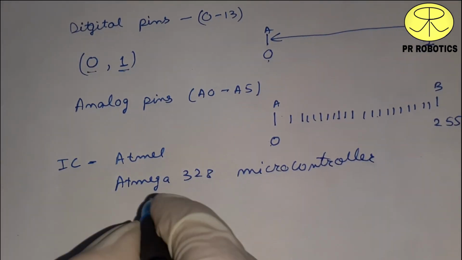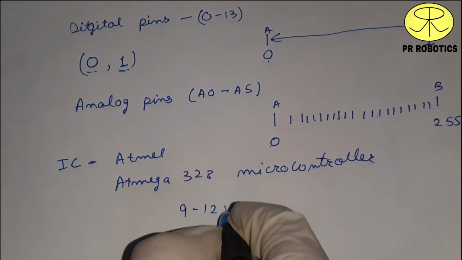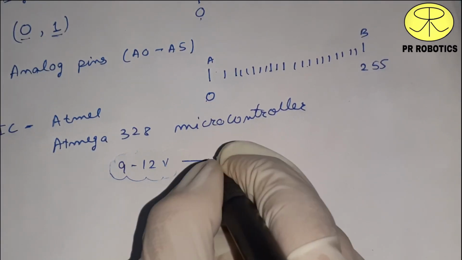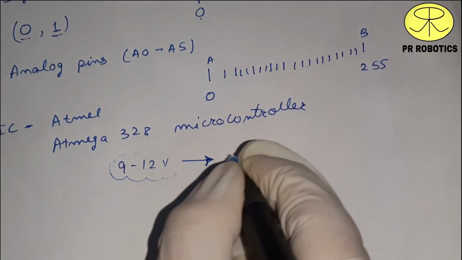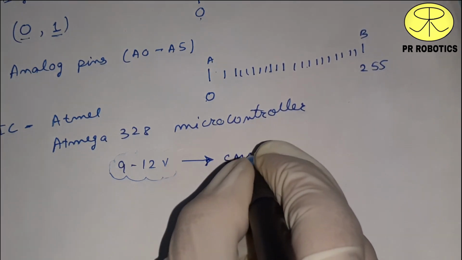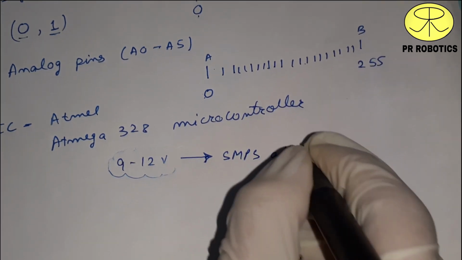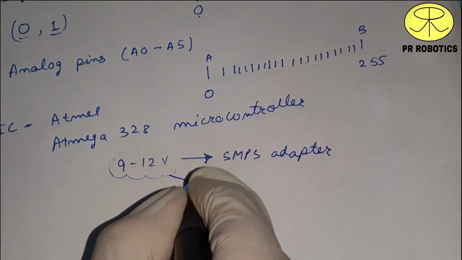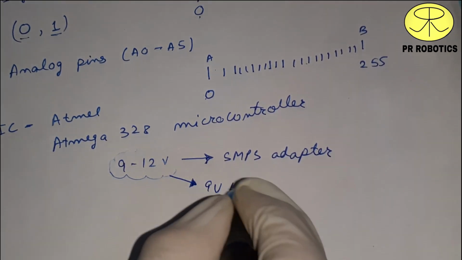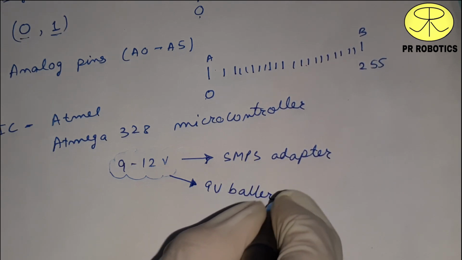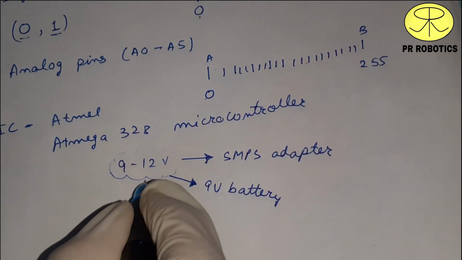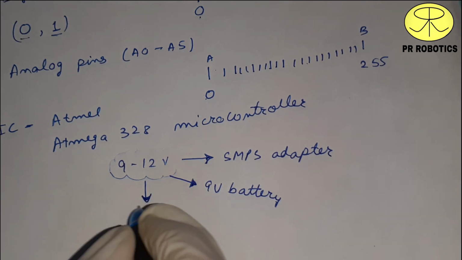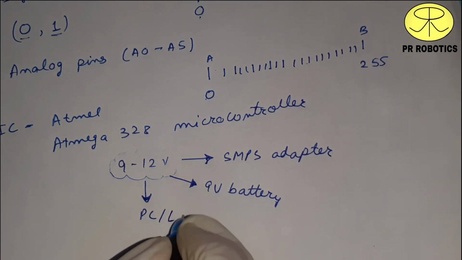You can supply 9 to 12 volts. Now you can supply these 9 to 12 volts either from an SMPS adapter, a 9 volt battery, or you can connect it with your PC or laptop.